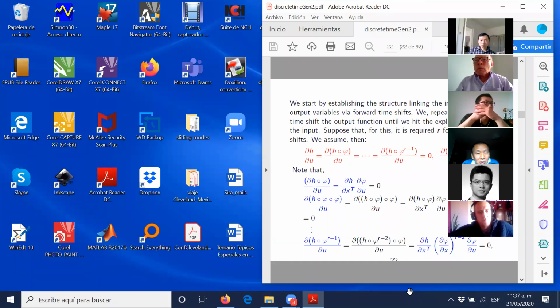There are issues that can be described only in the discrete time case. So after Professor Cyril Ramirez finished the lecture on the continuous side, differential geometry, and so on, flatness, we thought maybe it's a good idea to do another one on the discrete time side. So that's from our end.